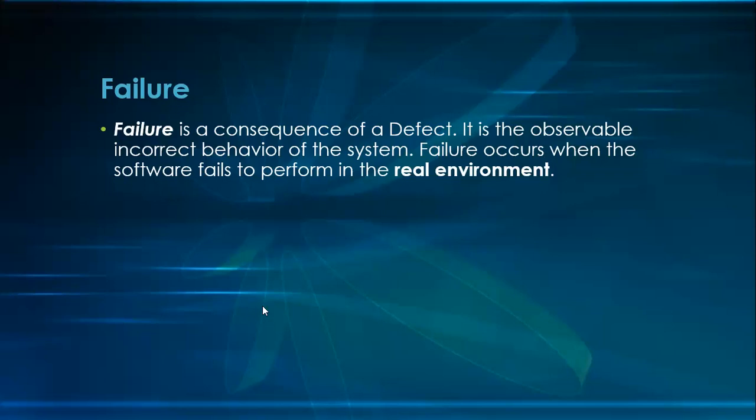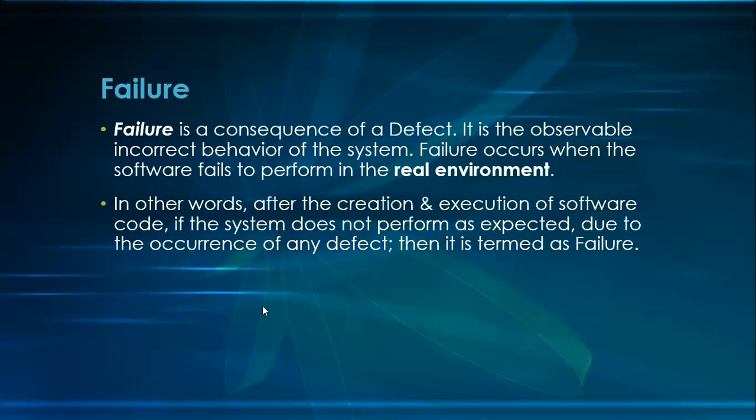So, if it doesn't work in that real environment they've given you, then it's a failure. In other words, after the creation and execution of software code, if the system does not perform as expected due to the occurrence of any defect, then it is termed a failure.